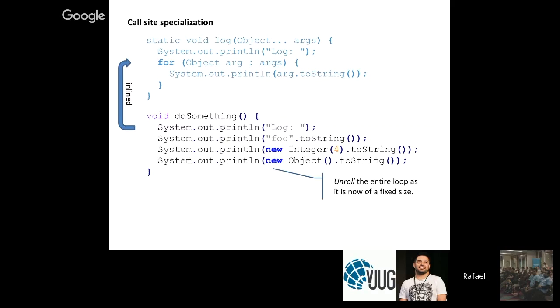If the log method wouldn't be static, but would be virtual, and wouldn't be inlineable for some reason, then we really would have a problem here. Then this log method would really become a bottleneck to handle all of these vararg dispatches, because suddenly you don't know how long your loop is going to be anymore. You're not going to know what type of arguments you're going to accept, and then you have to pay the costs for not having this.